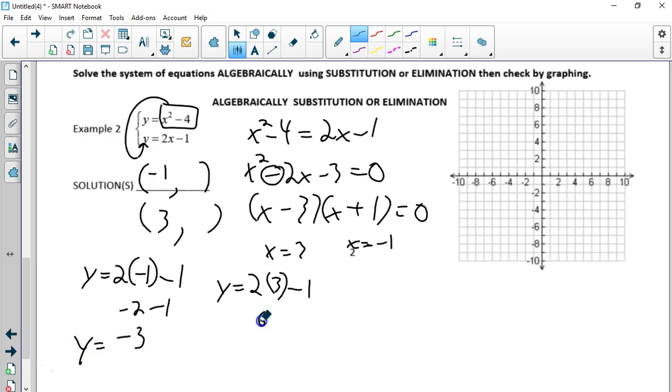And 2 times 3 is 6 minus 1, that's 5. So when x is -1, y is -3. When x is 3, y is 5. So (-1, -3) is going to be a point of intersection. And (3, 5) is going to be a point of intersection.